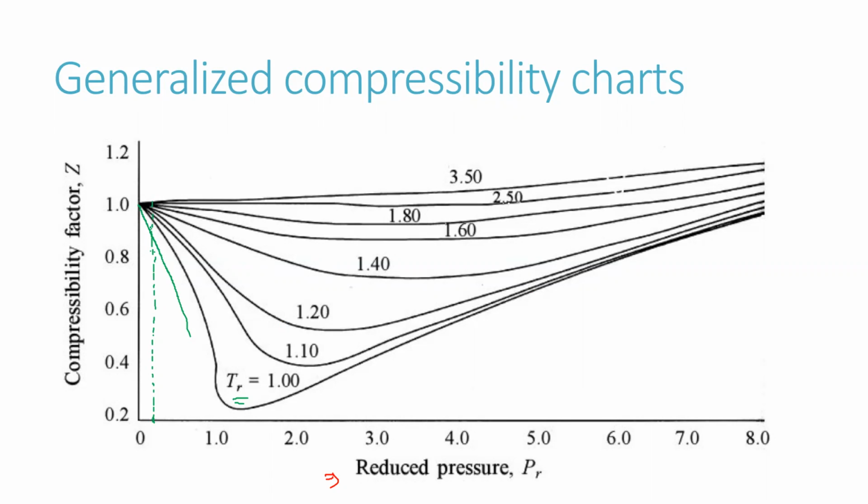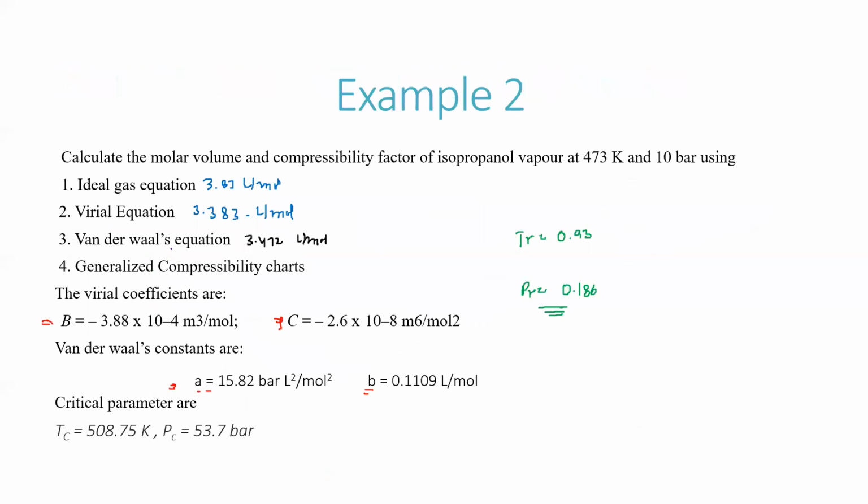So somewhere here, you can assume, just a minute. Somewhere here I can assume it to be my point. So this is approximately 0.9, right, between 1 and 0.8. So from the compressibility charts, we get Z equals to 0.9.